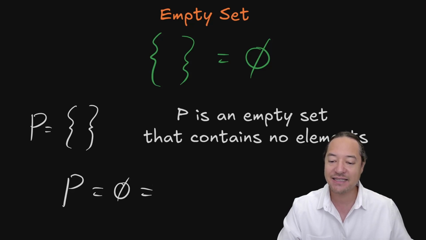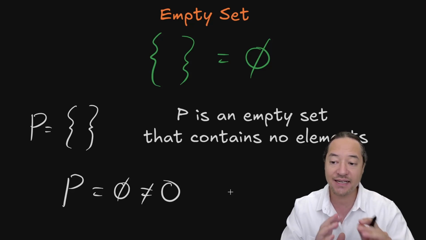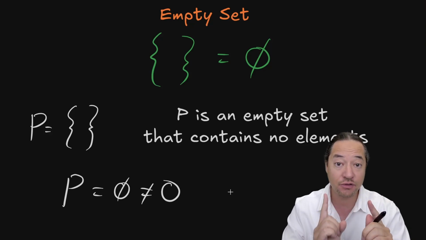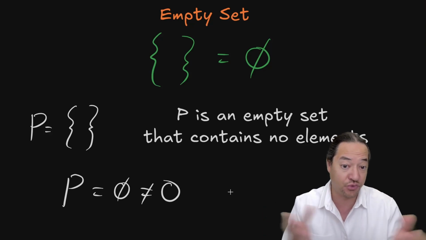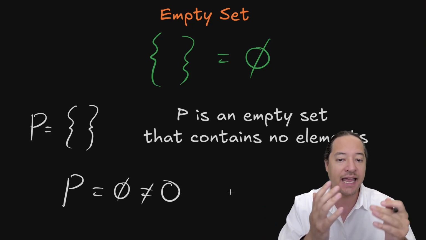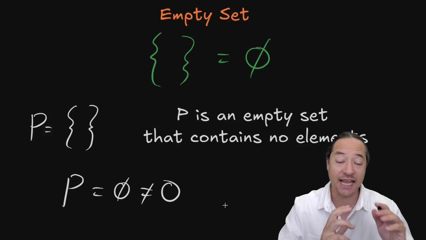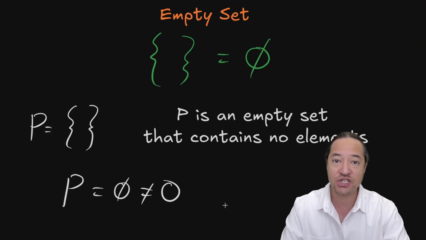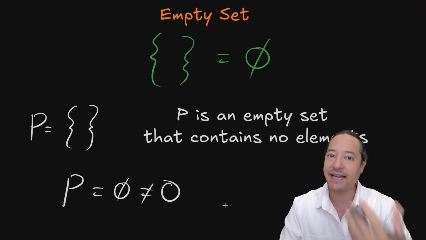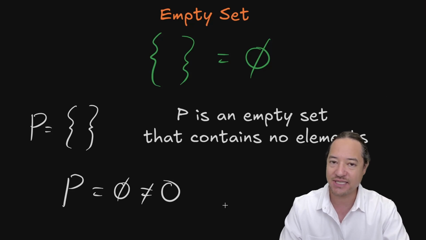This is not the same as 0. We cannot say that P is 0 because 0 is an integer, right? Or a real number. It is an element. So having P equal 0 is not the same as having an empty set. All right, so that's an important distinction. 0 is actually an element that you could put into a set.